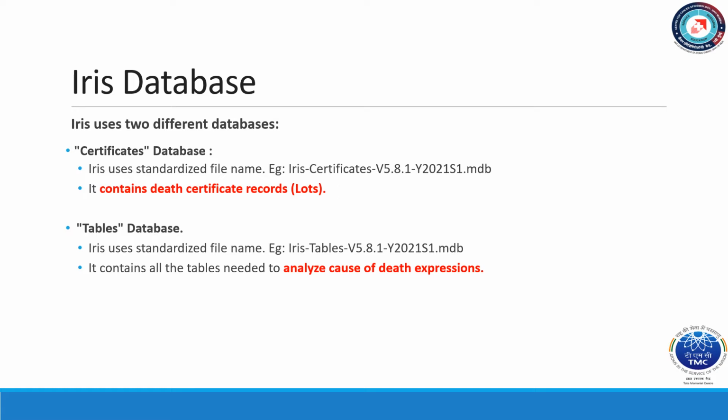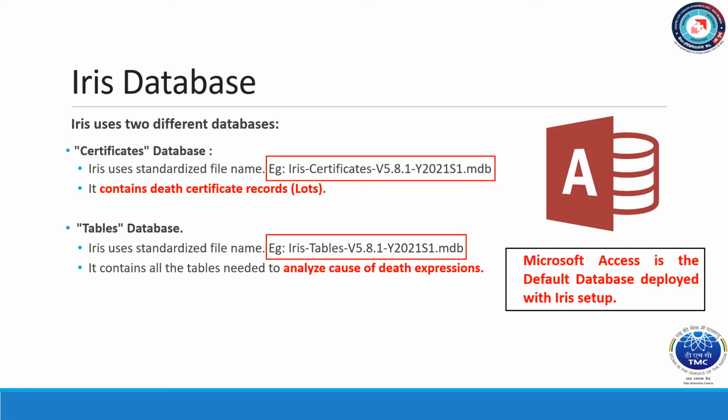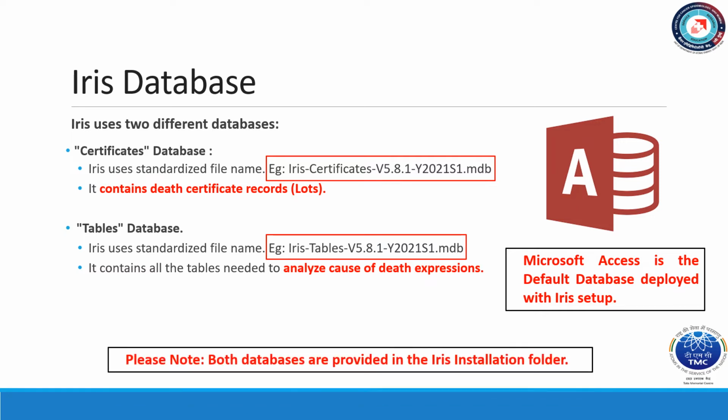And the Iris tables database contains all the tables needed to analyze cause of death expressions. They usually have standardized file names assigned as shown respectively. Also, Microsoft Access is the default database deployed with the Iris setup. Please note that both the databases are provided by Iris in the installation folder.